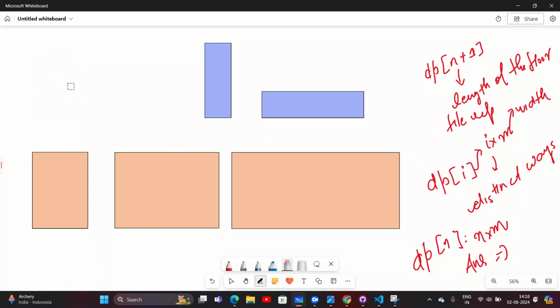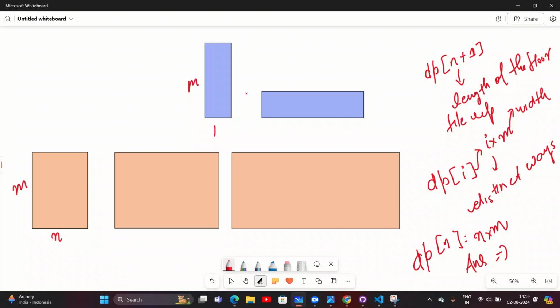So suppose length is less than the width of the floor, suppose this is length and this is width. Then what will happen? We can only place the tiles that have been provided to us, that have the dimension of 1 cross m. So instead of writing L and W, we can write n and m. We have a tile of dimension 1 cross m here.